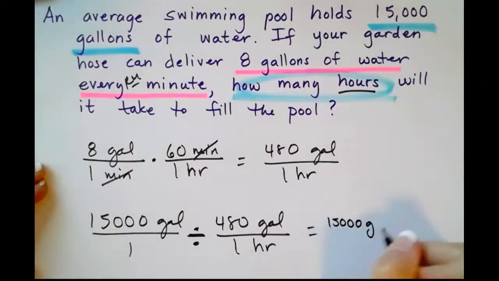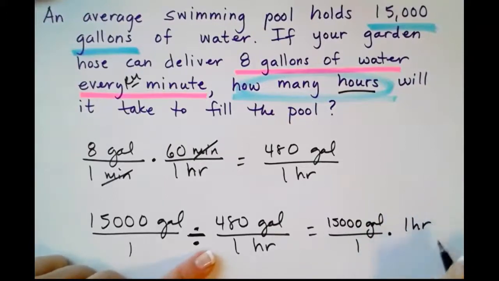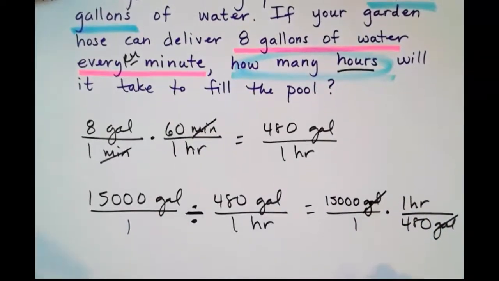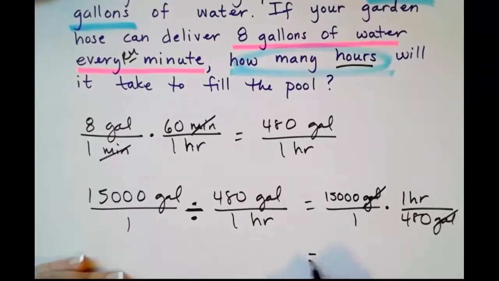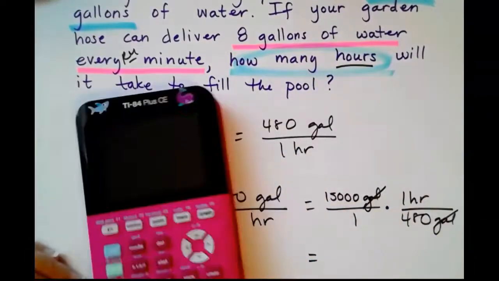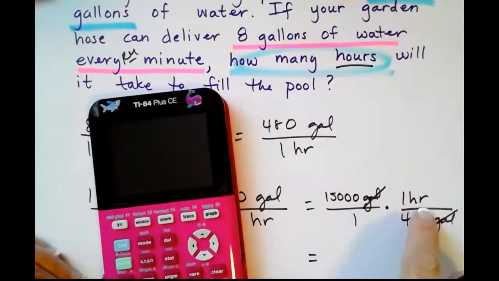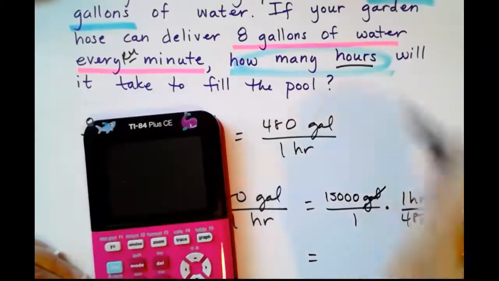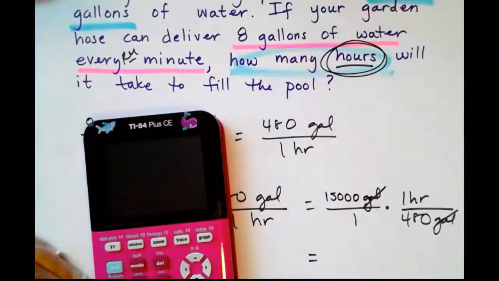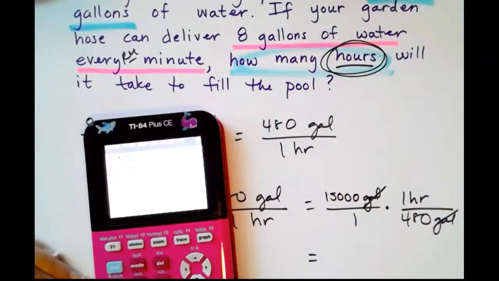So 15,000 gallons times 1 hour over 480 gallons. Gallons could cancel. We could have also done this one with a proportion, but we are almost done here because look at the only unit that's left, hours. The only unit that's left is the number of hours, and that's the unknown in this problem.